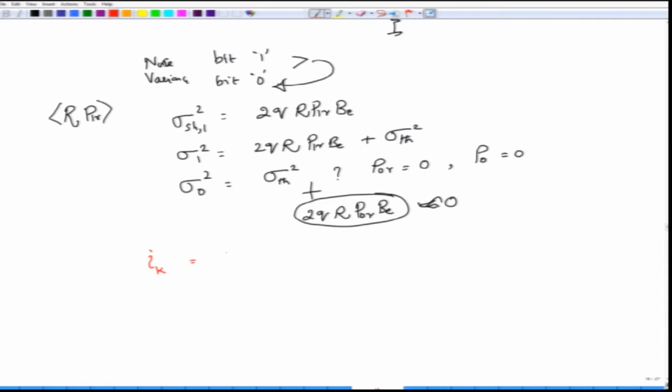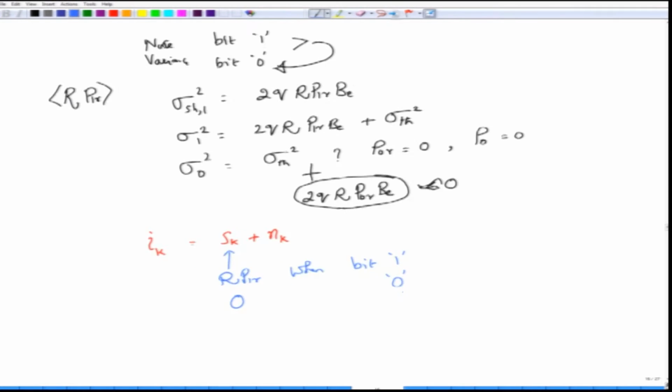It would consist of the transmitted signal at time k, let us call it Sk, plus a noise component Nk. So, this is the signal plus noise that you are looking at. Now, an interesting question: what would be Sk? Sk would be R P1R when bit 1 is transmitted, and we will continue to assume that P0R is 0. Therefore, this would be 0 when bit 0 is received.